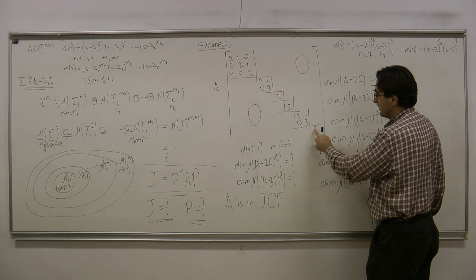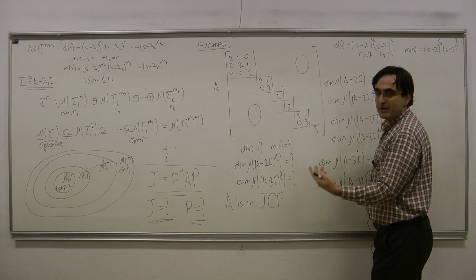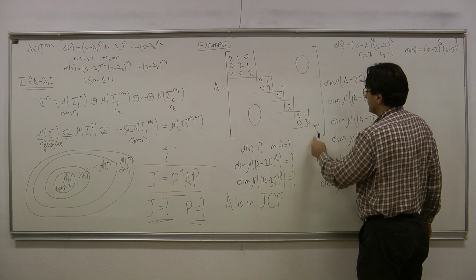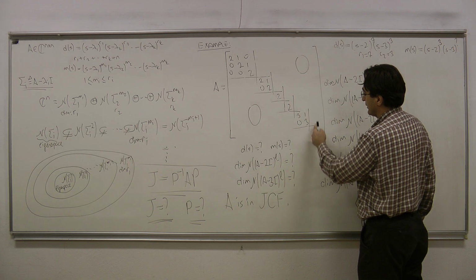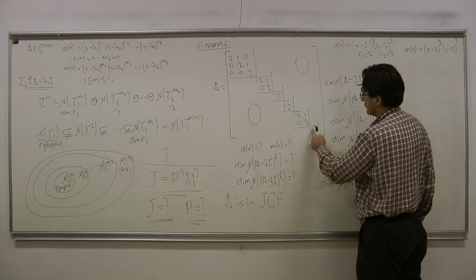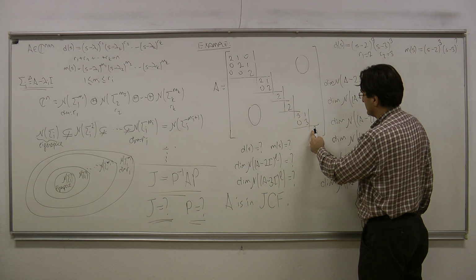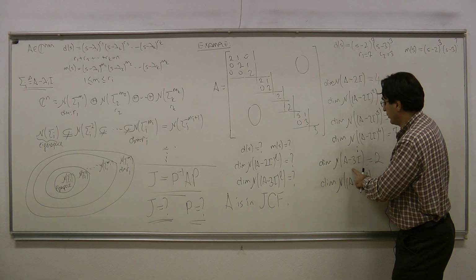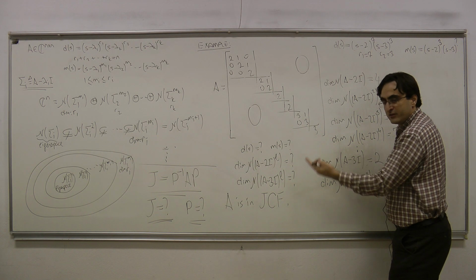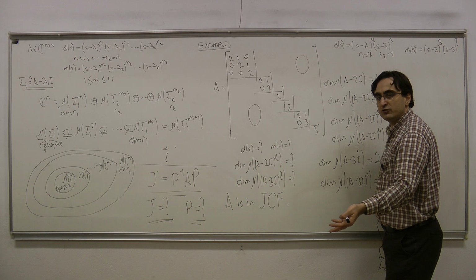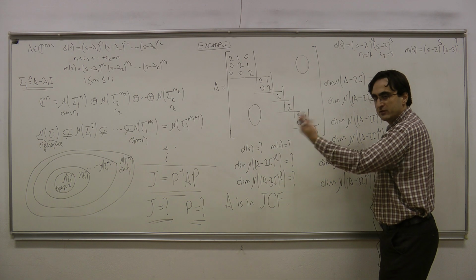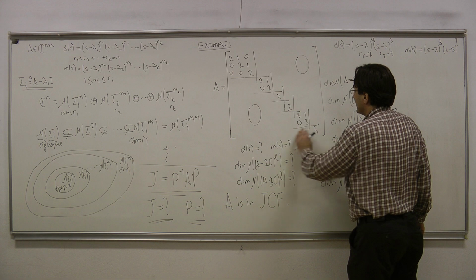So when I take its square, it's going to remain 0. So this block will not be able to increase the null space dimension at all, because it contributed a 1, 0 column at the first power. And since its size is 1 by 1, it won't be able to contribute any additional columns when I increase the power. Okay? But what about this?